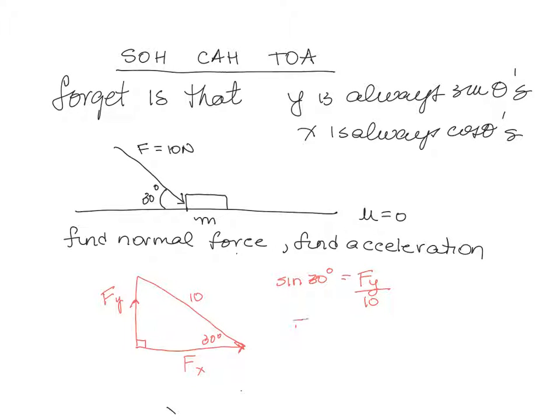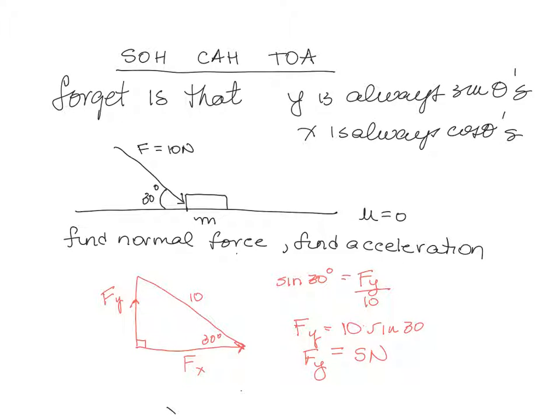We solve this for Fy, and we get 10 sine 30. We know sine 30 is a half, or you can plug it into your calculator. So the force in the y direction is equal to 5 newtons.